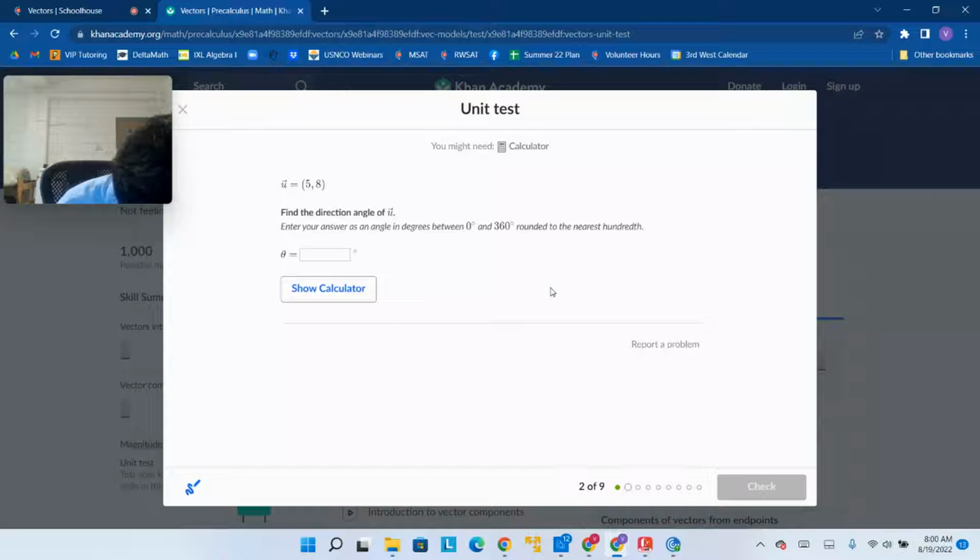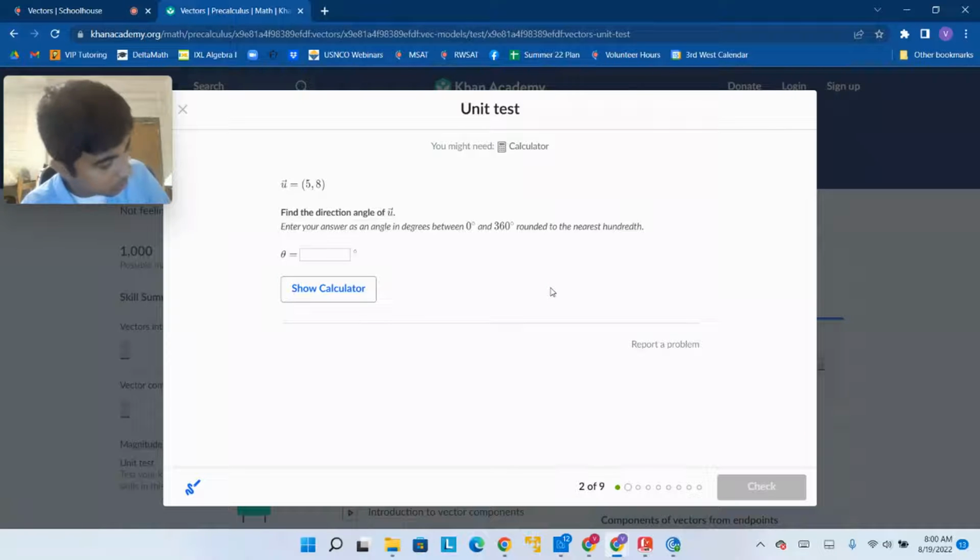And how do we calculate that? Well, that direction angle theta is just going to be equal to the inverse tangent of the opposite over adjacent, because that's what tangent means. So opposite over adjacent is 8 over 5. So I'm going to pull out my calculator, and I do inverse tangent of 8 over 5, in degrees, make sure.